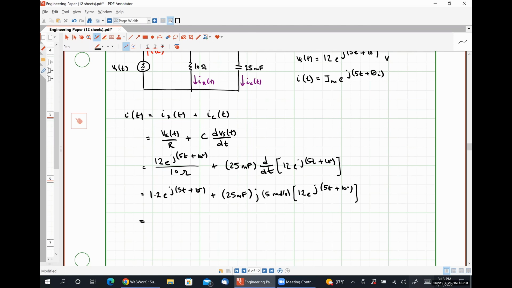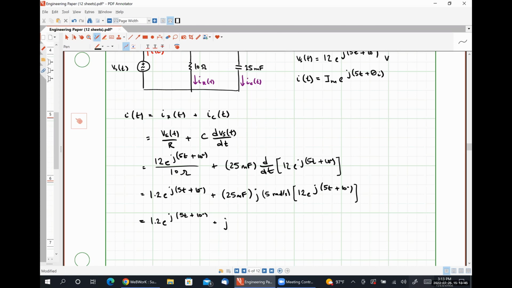And what we're going to have here then is, let's see, 1.2 e to the j(5t plus 10 degrees) plus j.